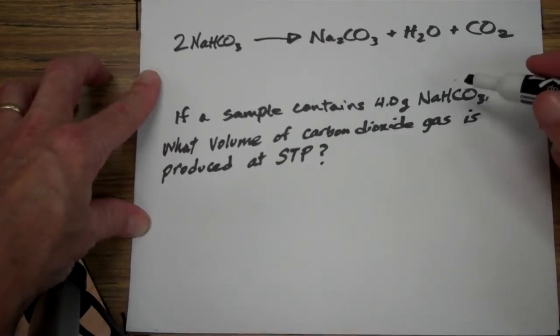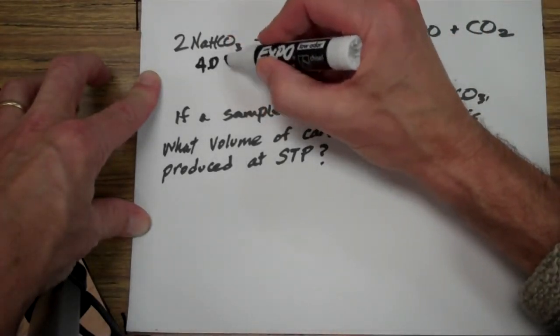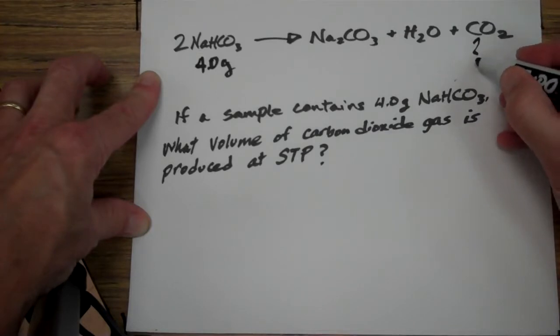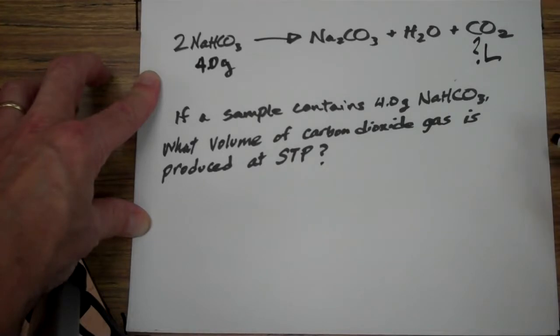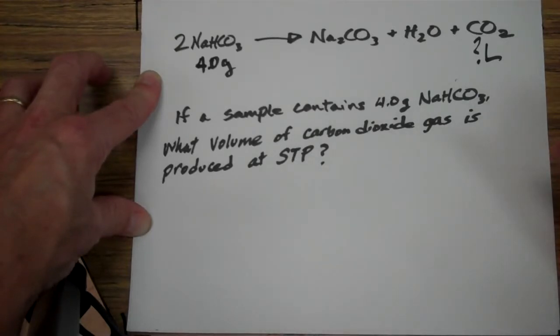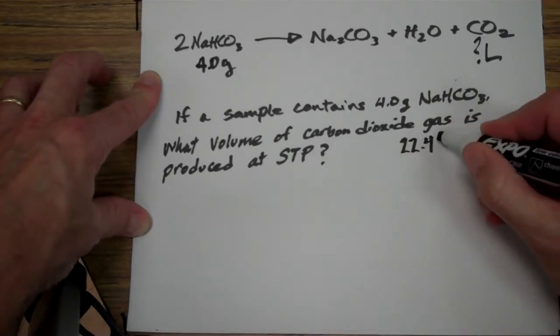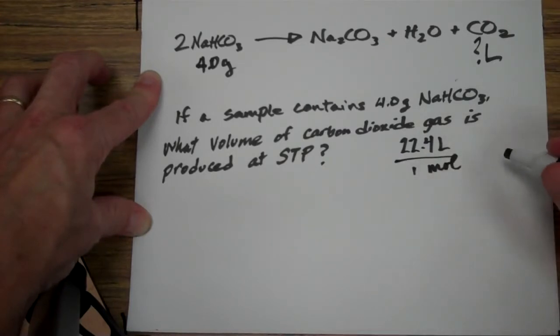Okay, so I'm going to write down my given of my known, 4.0 grams. And I'm going to write down a big question mark under carbon dioxide product. And they want to know liters, which is my volume. And I know from past experience that the molar volume of any gas at STP is 22.4 liters per 1 mole at STP.